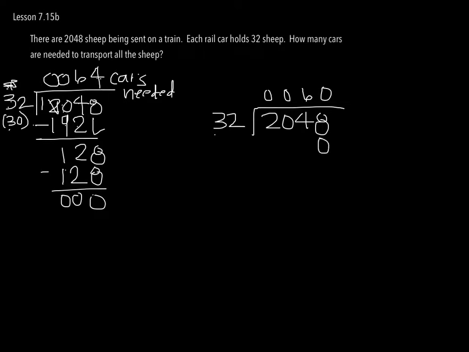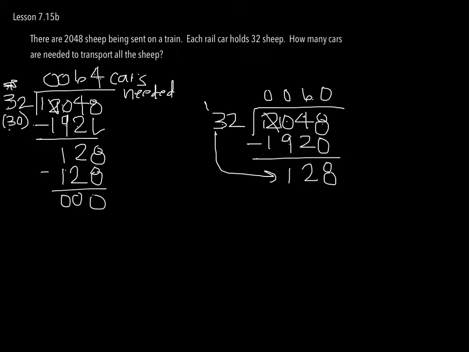That's going to be a 0. That's going to be a 2. Carry my 1. 6 times 3 is 18 plus 1 is 19. And now I'm going to subtract. 8 less 0 is 8. 4 less 2 is 2. 0 less 9 can't do it. 2 becomes 1. Alright, so now, how many 32s in 128? Well, we kind of gave it away right here, didn't we, boys and girls?